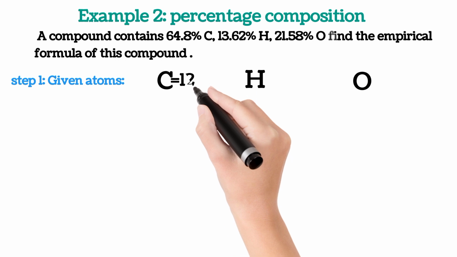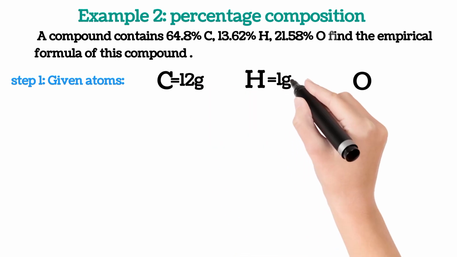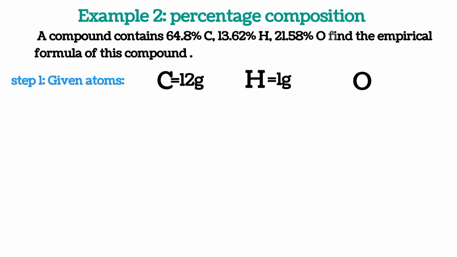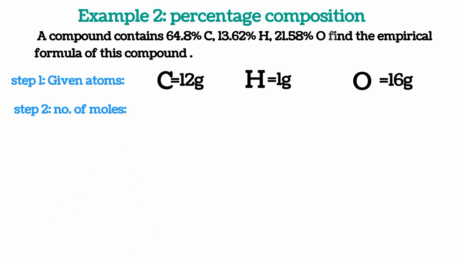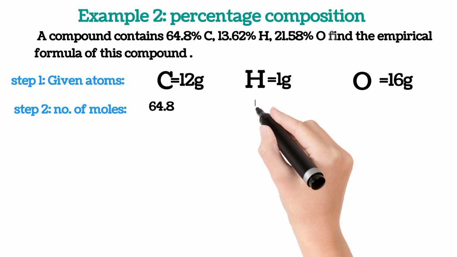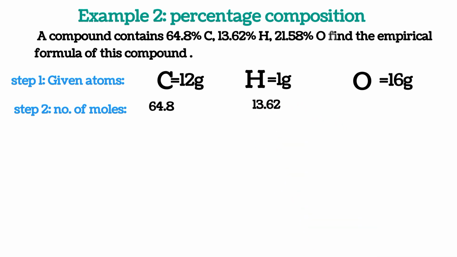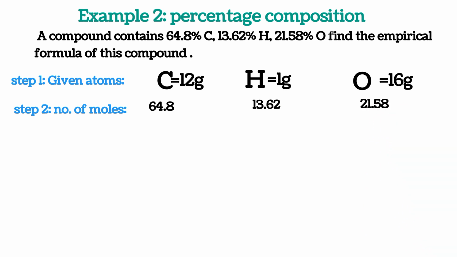Carbon is equal to 12 grams, hydrogen is equal to 1 gram, and oxygen is equal to what? 16 grams. Let's calculate the number of moles from the given percentage composition, which is equivalent to the masses. First we'll write out the percentage compositions as mass: 64.8 grams for carbon, 13.62 for hydrogen, and 21.58 for oxygen.